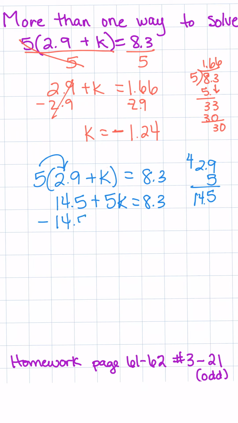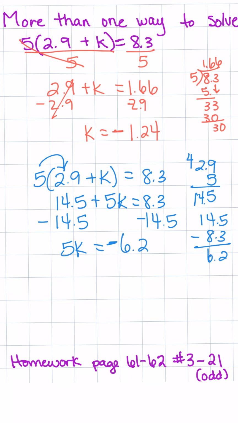Subtract 14.5 from both sides. So this is like 14.5 minus 8.3. It's going to be a negative 6.2.